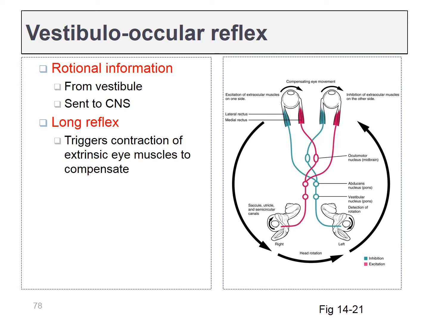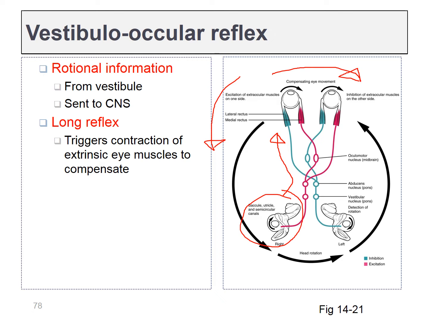Rotational information from the semicircular canals can be sent to the brain in a reflex arc that will control the external eye muscles. If we rotate in this direction, this reflex will cause the eyes to rotate in the exact opposite direction. Try it out. Look in the mirror and turn your head quickly.